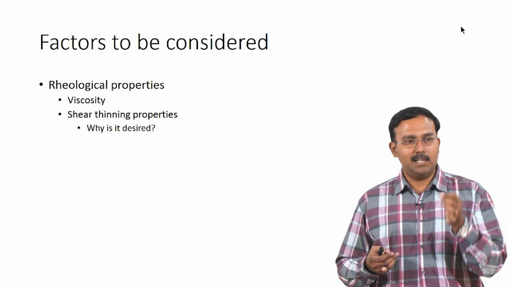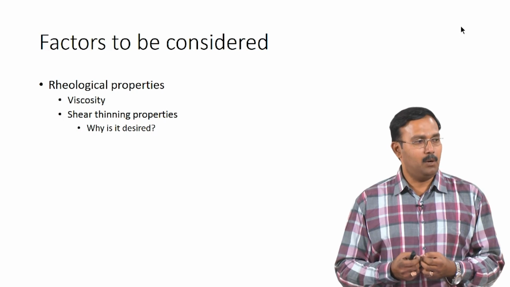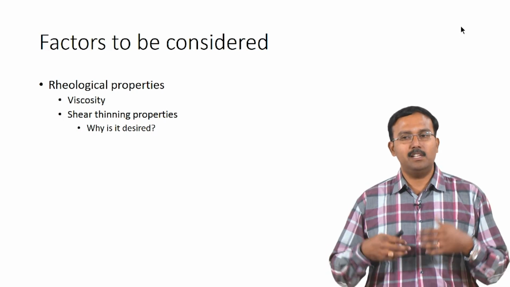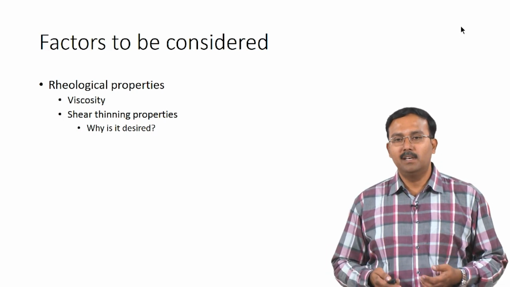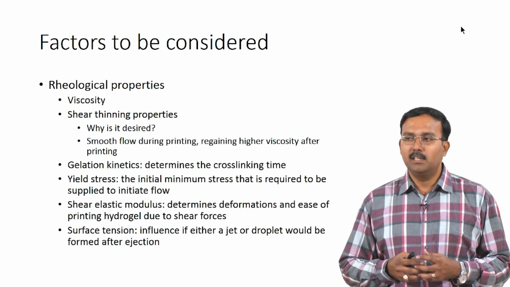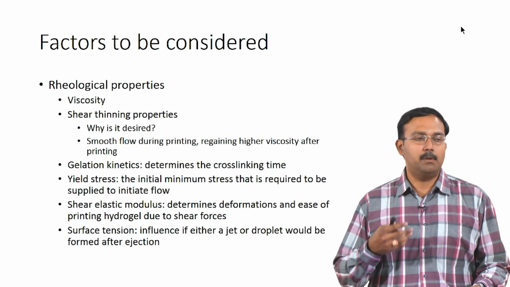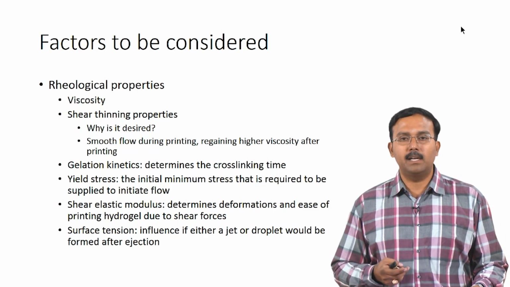So it will come out with much better fluid flow, and once it comes out, the shear is gone, its viscosity goes up and it can form its original shape more easily. So the viscosity can be regained after printing. That is why people look for shear thinning liquids for printing.